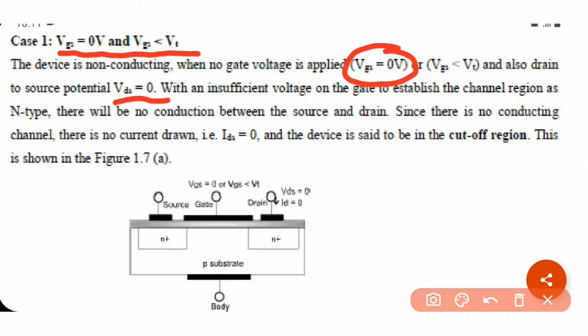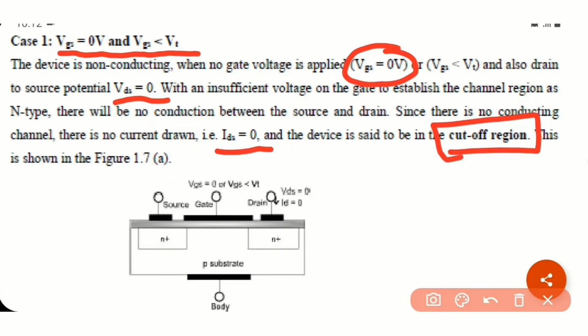With an insufficient voltage on the gate to establish the channel region as N-type, there will be no conduction between the source and drain. Since there is no conducting channel, there is no current drawn. That is, in this case, your IDS will be 0. That is drain source current, IDS is 0. And the device is said to be in cutoff region.